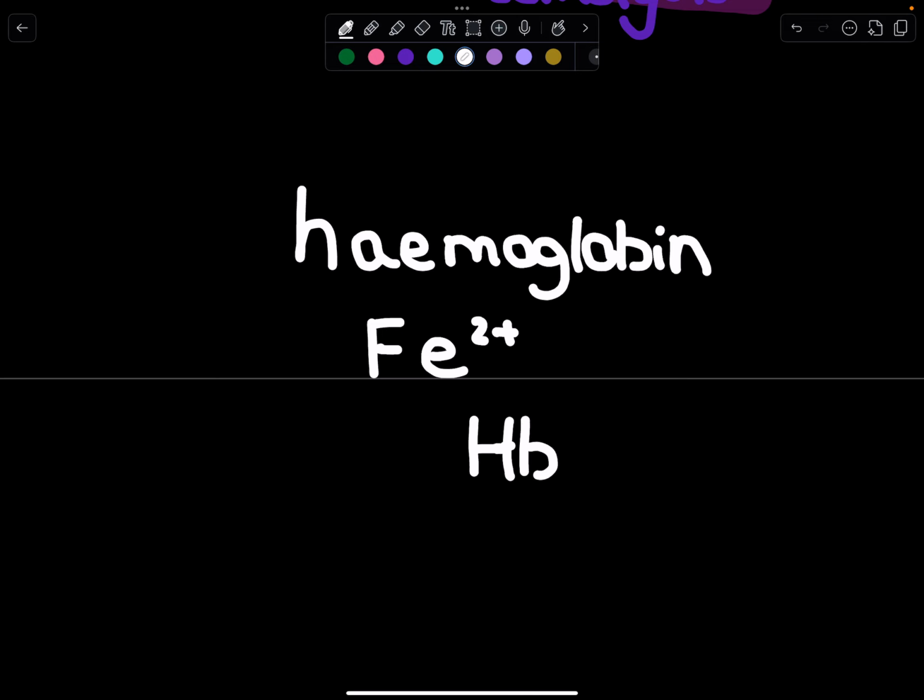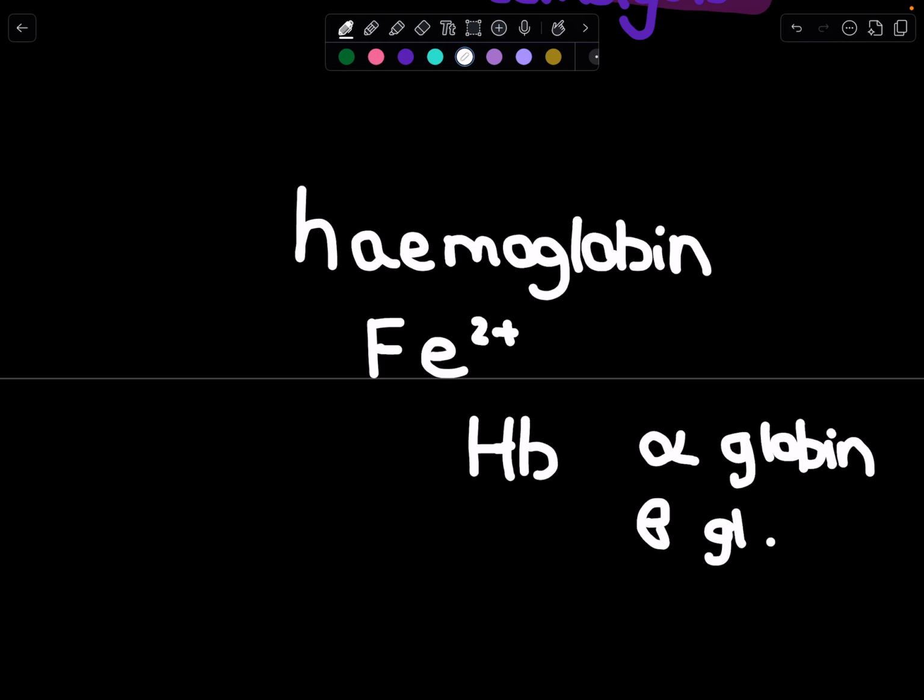Okay, let's talk about hemoglobin structure now. So we have alpha globin chains, beta globin chains. We've got an iron in each one of the globins. Hemoglobin is a protein in red blood cells with 4 globin chains, 2 alpha and 2 beta in adults, each holding a heme group with an iron atom at its center that binds oxygen.